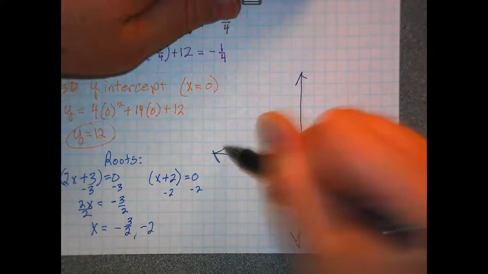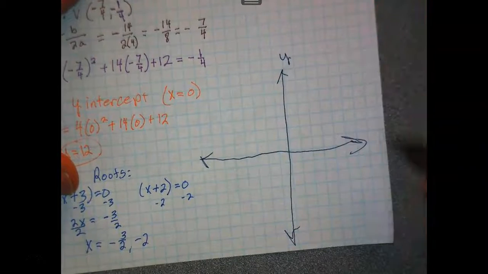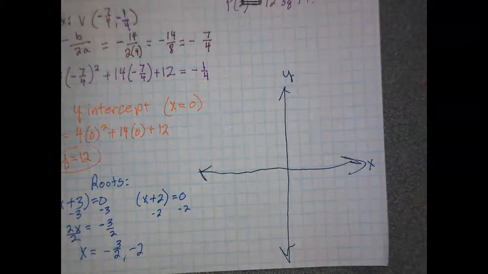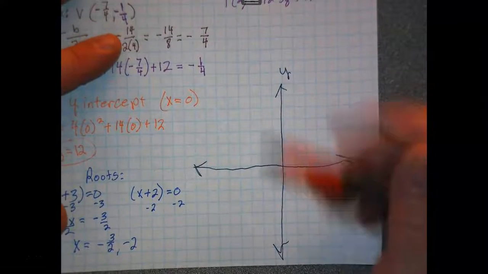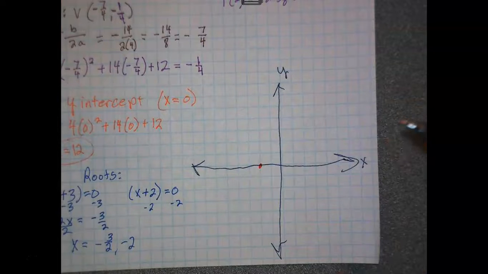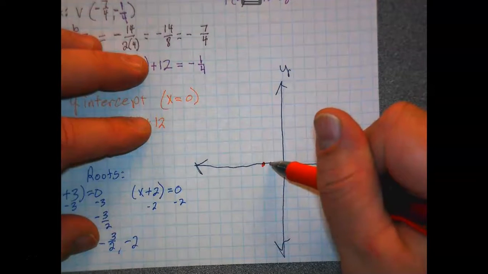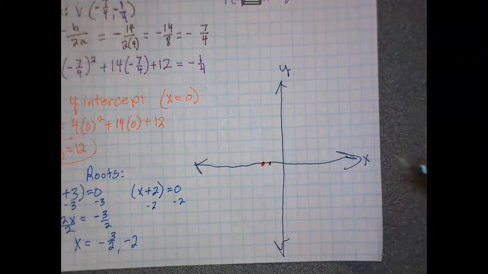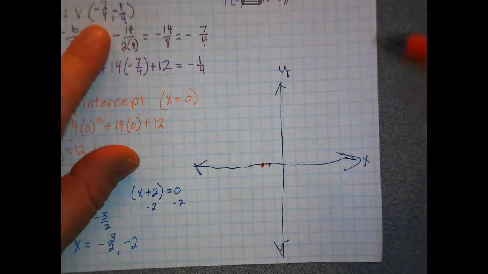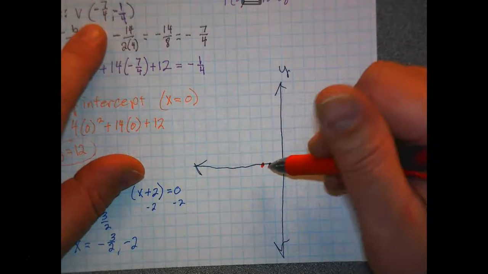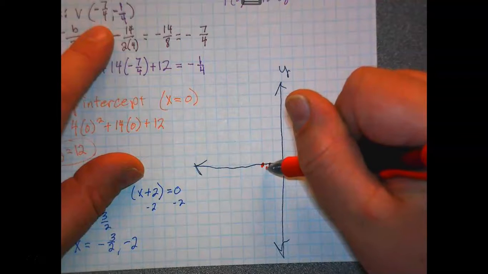Wow, what an ugly graph. Okay, my roots. Let's start with the roots. Negative 2, negative 1.5. So this is going to be a pretty narrow problem. What's my vertex? Almost negative 2, down a quarter, somewhere around there.